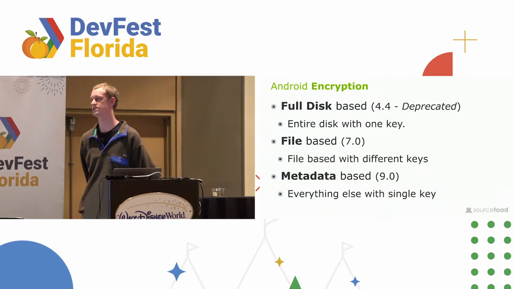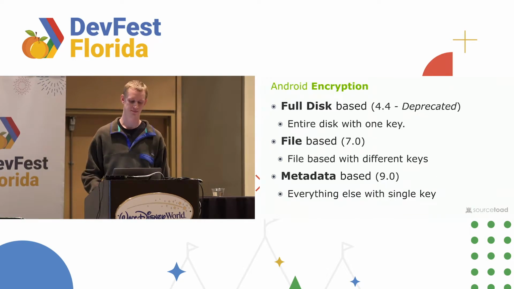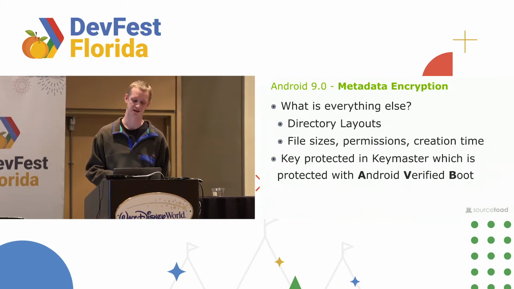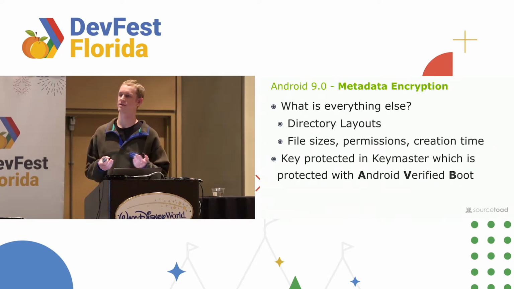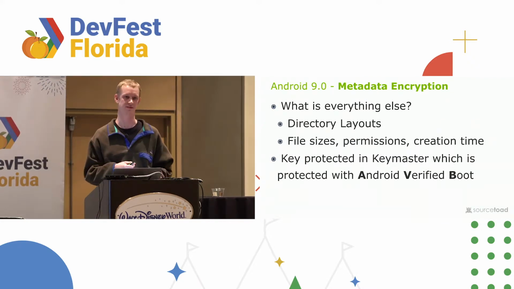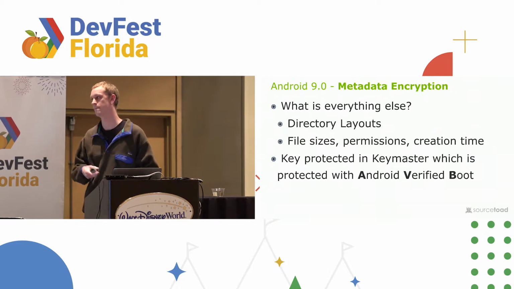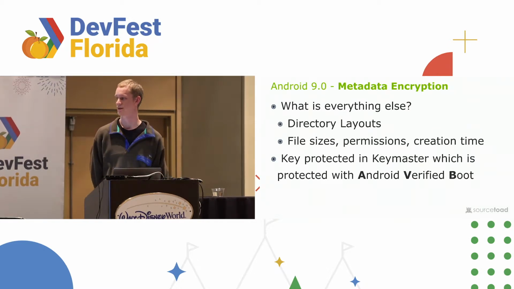Now it's file-based, and with the new Android coming out, metadata-based. Metadata-based, we will skip this, is kind of everything else that happens on a file system, which is your permissions, creation, and how big a file is. You think that means nothing, but you can determine a lot about what a file is based on its size and creation date. This is protected in Keymaster, but without throwing a lot of terms at you, you can ignore that for now until we get to it.